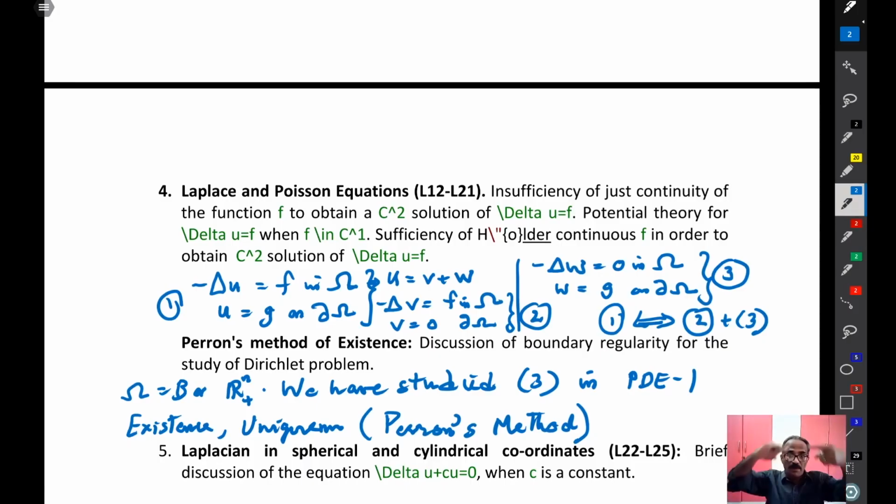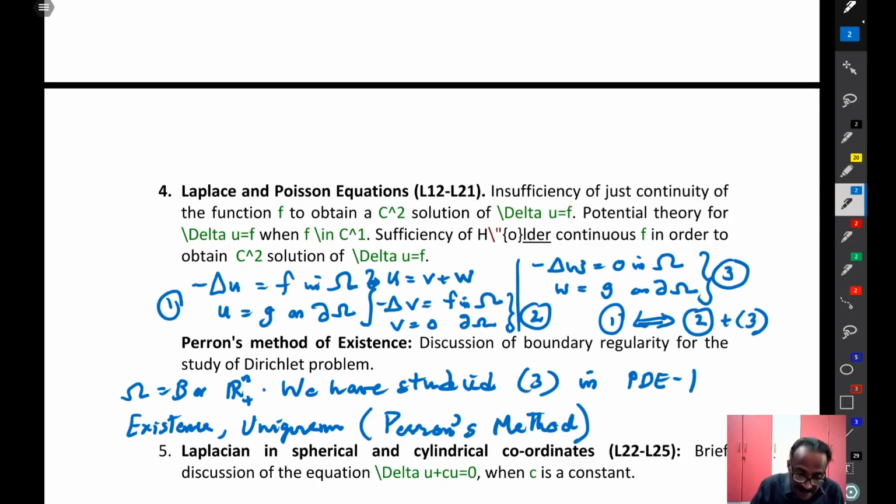You cannot impose a boundary condition for arbitrary domains. So there is a notion called boundary regularity. So we will introduce the concept of boundary regularity and study the existence and uniqueness for the homogeneous equation.